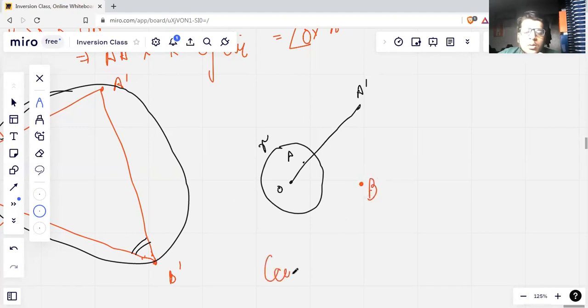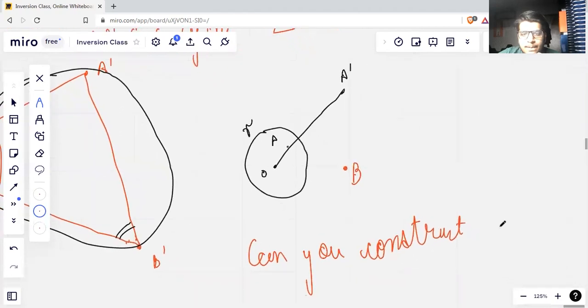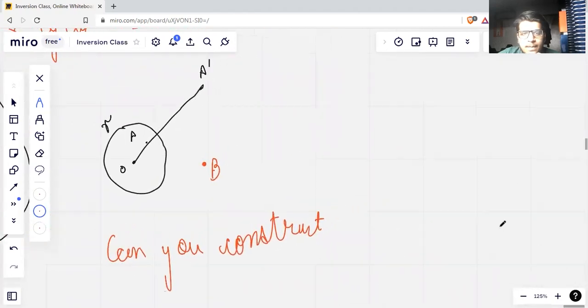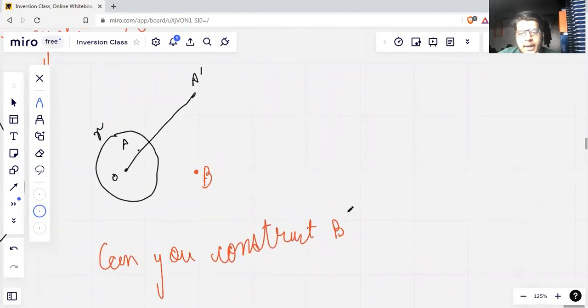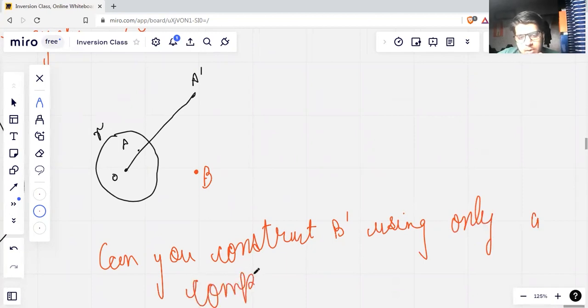Can you construct B dash using only a compass and a straight edge?